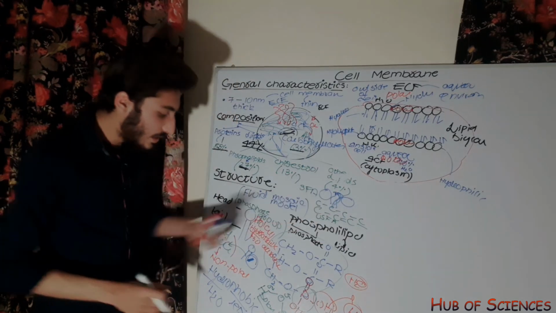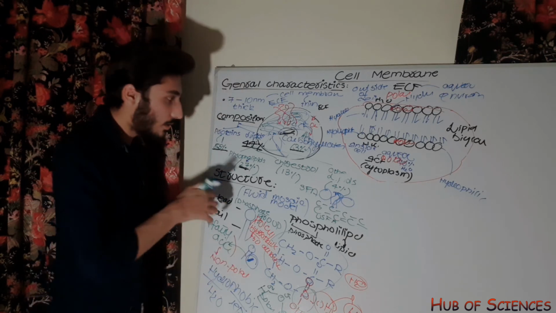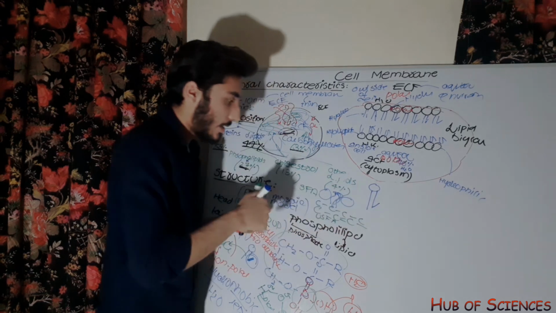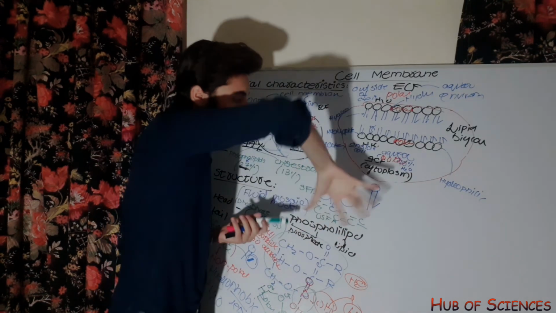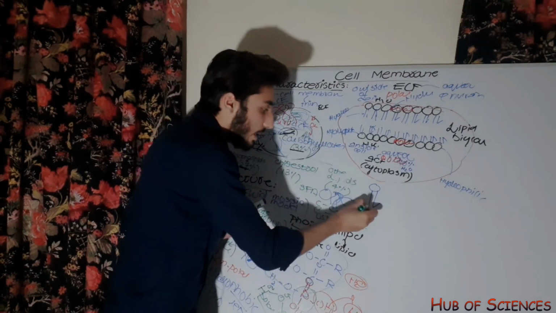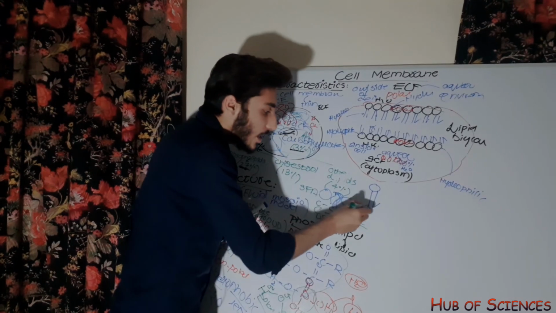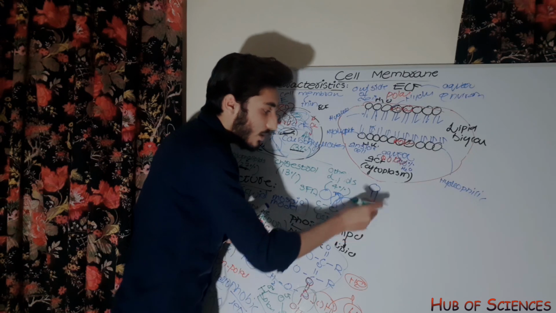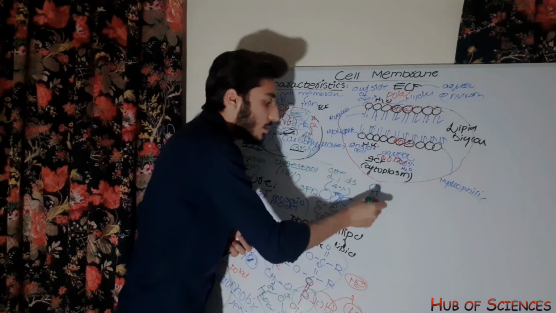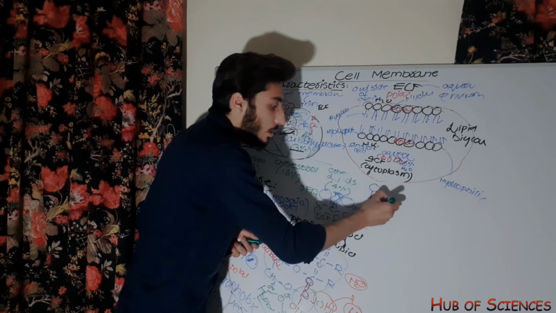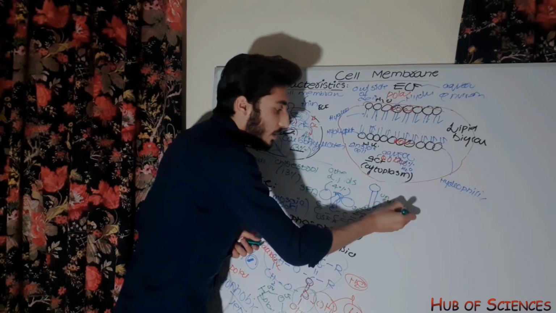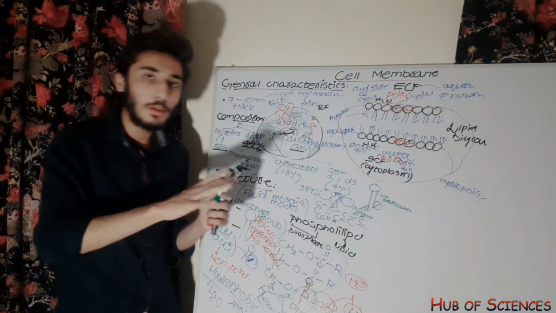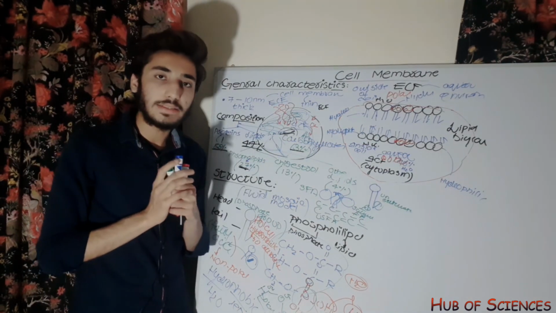So one tail lies straight and the other tails lie curved, dangling outside. The tail which lies straight contains saturated fatty acid, while the tail which is dangling outside contains unsaturated fatty acid, meaning there is unsaturation present in it, a double bond or many double bonds in the fatty acid.